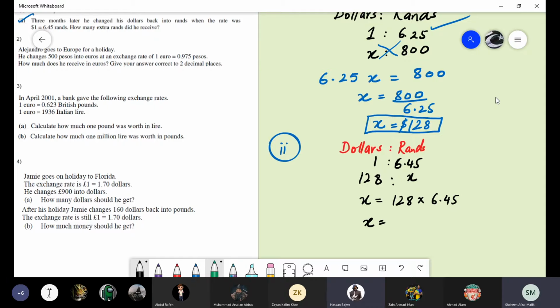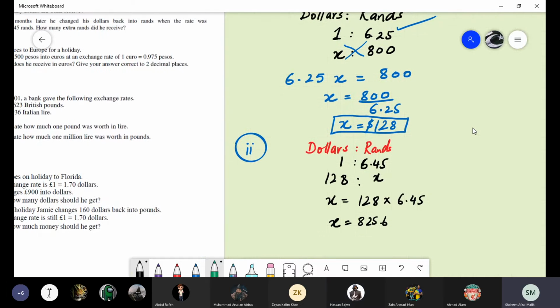So what will X be equal to? 825.6 rands. Okay, then is there anything else you want to find out in this question?